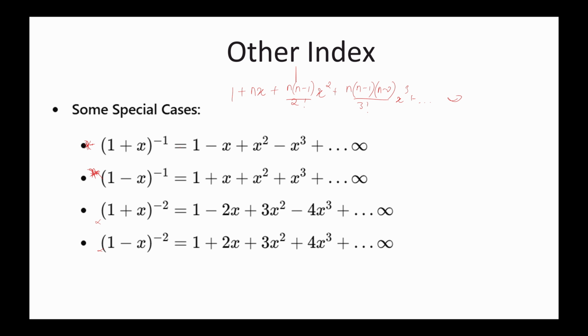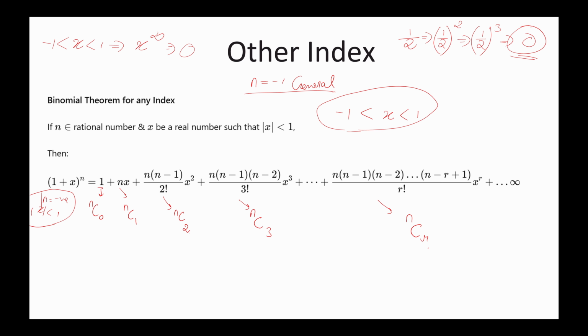Since we are considering this to be 1 plus minus x to the power minus 1, all my odd terms of x are going to be negative as well. So they are going to turn into positive. So these two are special cases that you must remember. Apart from this, again, this formula is something that we are going to study in much detail when we study limits, continuity and derivability. This is just for your understanding here right now.